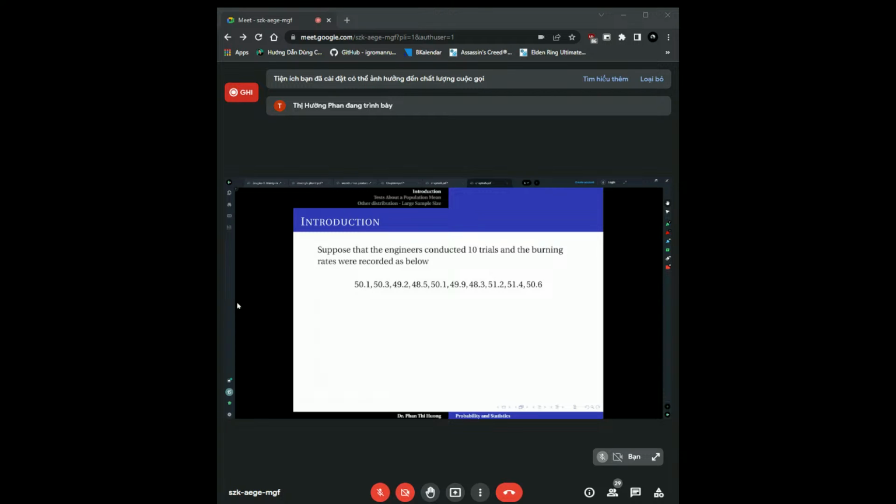It means that they repeat the experiment 10 times, and each time they measure the burning rate of the propellant.